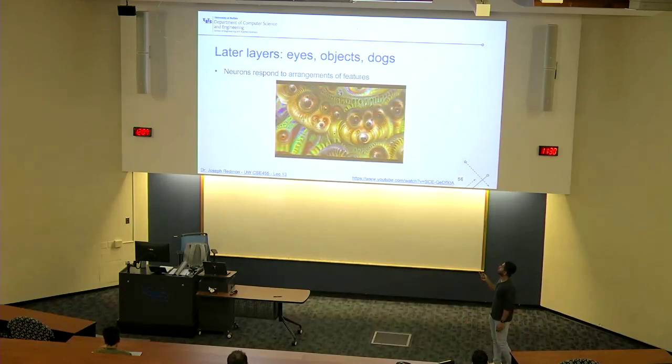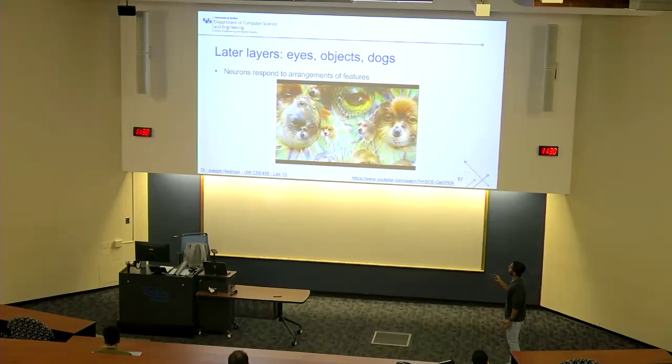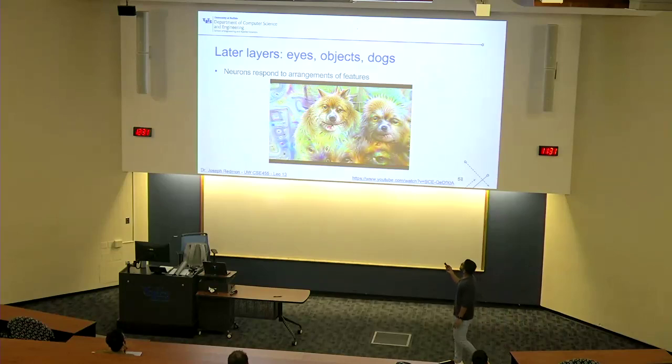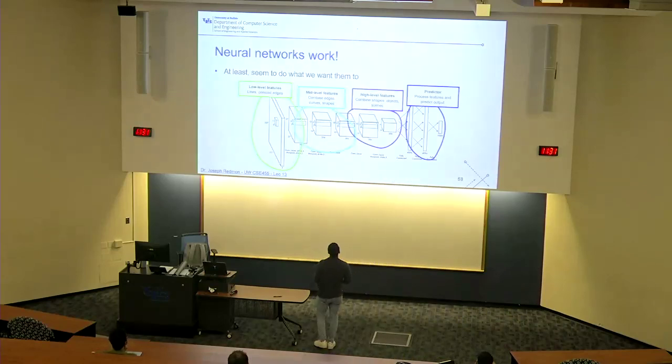And then as you get progressively deeper in the layer, the things that neurons respond to are composites. And this we were able to figure out using the Deep Dream style of visualization, by trying to find an image that maximizes whatever class you're looking for.